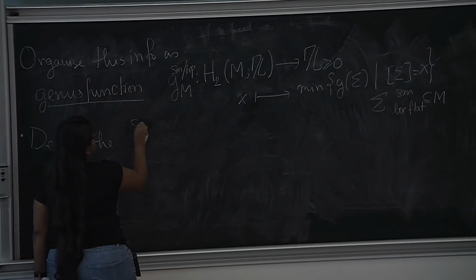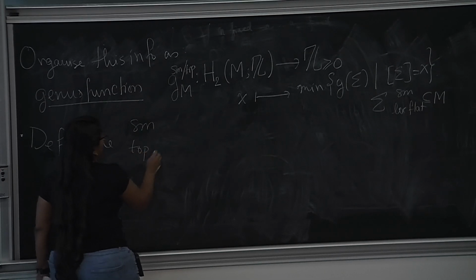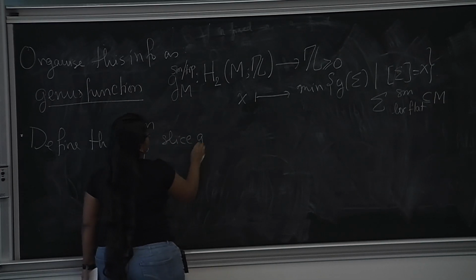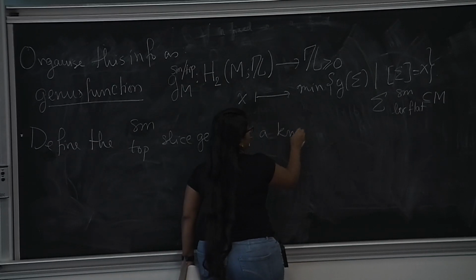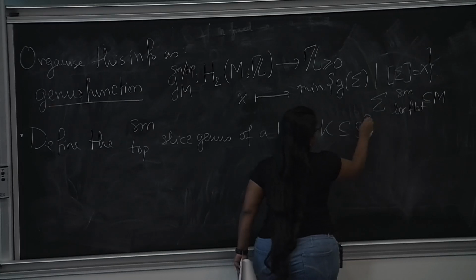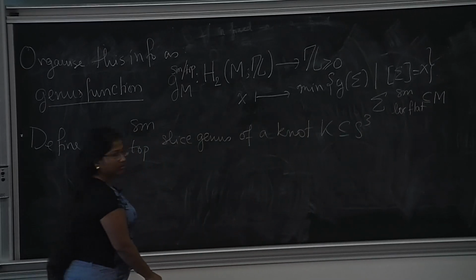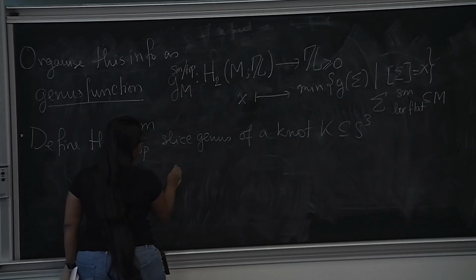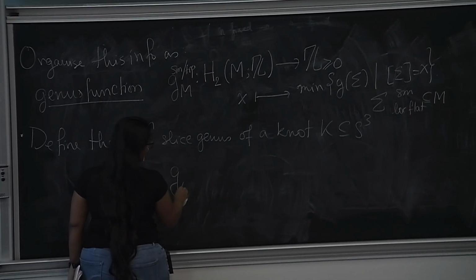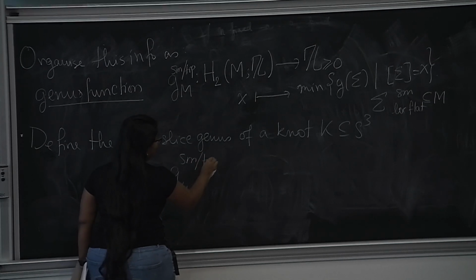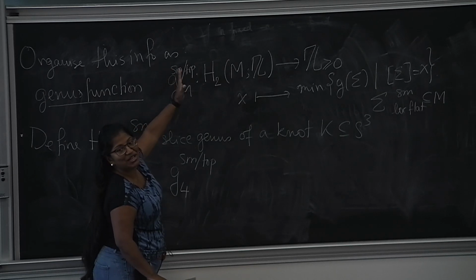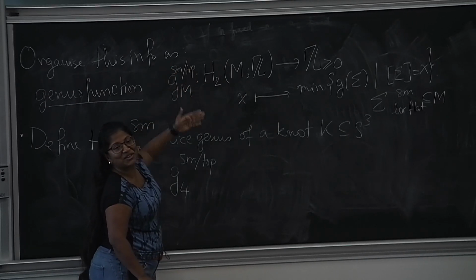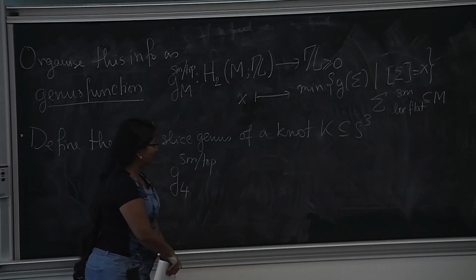Similarly, we can define the smooth or topological slice genus of knots, and it's going to be exactly the same. This is usually called G4, and above I'm writing smooth or top. It's a bit confusing; sometimes I'll write smooth and sometimes I'll write top. I just didn't want to write the same sentence twice.